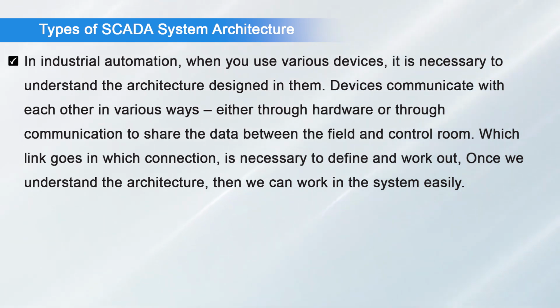The devices communicate with each other in many ways, either through hardware or through communication, to share the data between the field and the control room. Which link goes in which connection is very important to define and work out. So, once we understand the architecture, then we can easily work in the system.